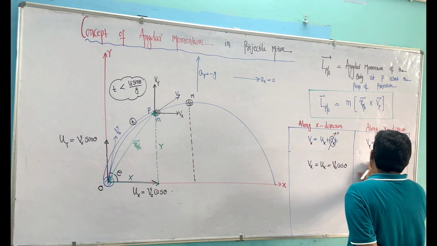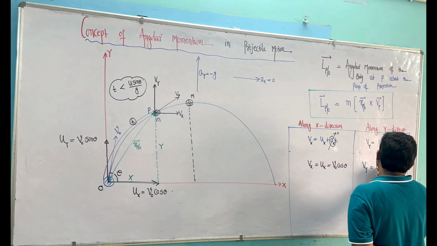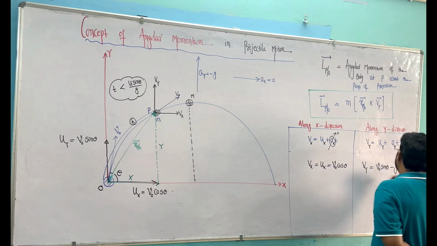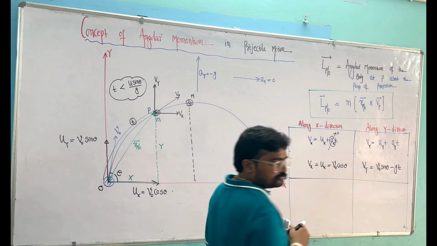Then Vy is equal to V naught sin theta minus g into t. Correct or not?